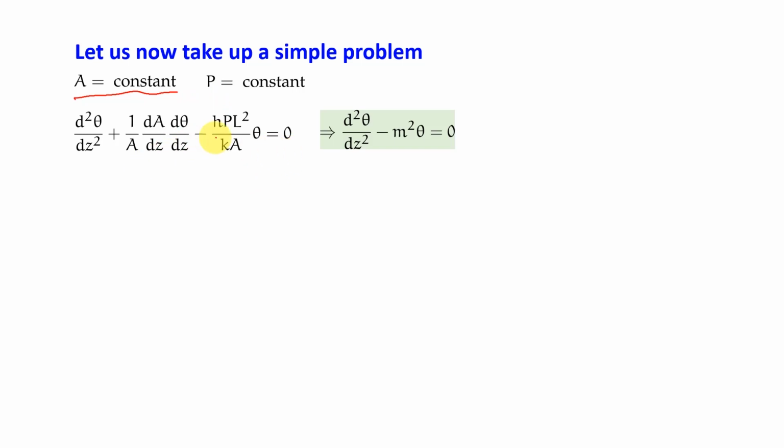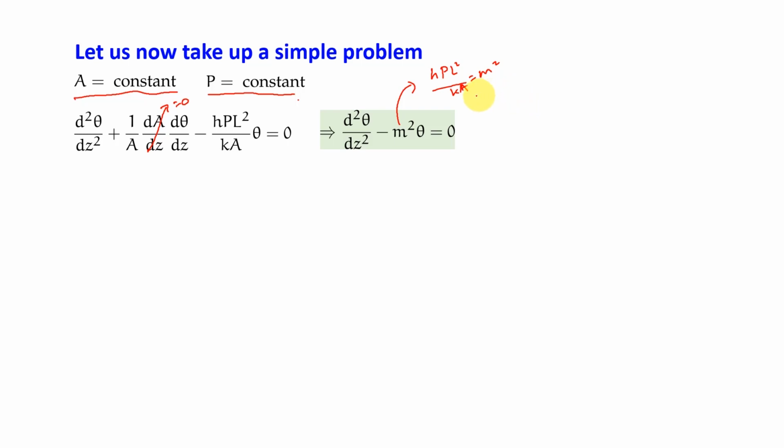Under this idea, dA dz will be 0 because A equals constant. I can drop this middle term. I have d2 theta dz2 minus m square theta. m square is a constant, so m square is hP L square by kA. This becomes m square.